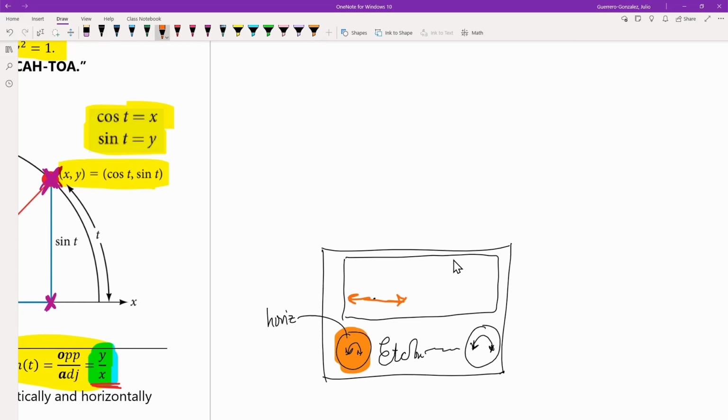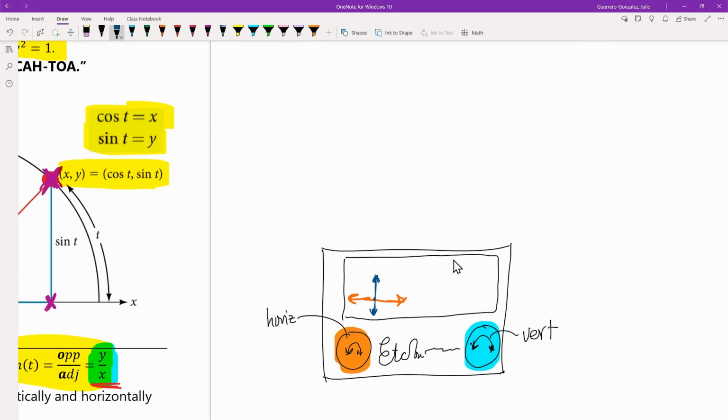And if you spun this wheel, this took care of the vertical. So this wheel grabbed your dot and moved it up and down. This was the Etch-a-Sketch.